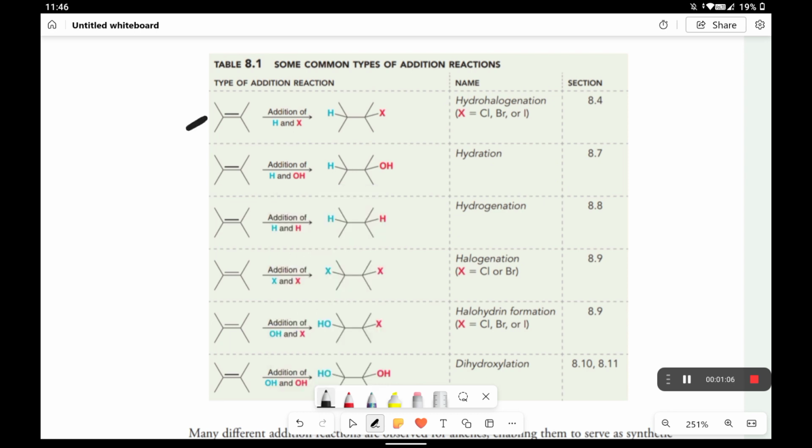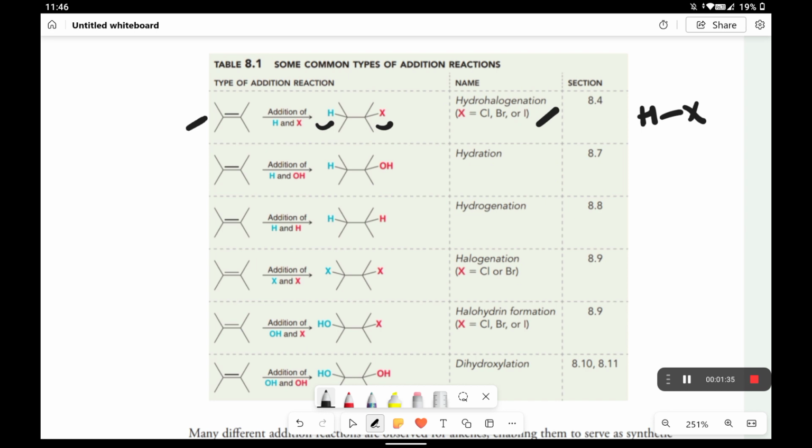For example, you can add hydrobromic acid, hydrogen chloride, or hydroiodic acid. What is added? The hydrogen is added and the X, where X may be chlorine, bromine, or iodine. So the addition of any HX is called hydrohalogenation. It follows the Markovnikov rule, isn't it?